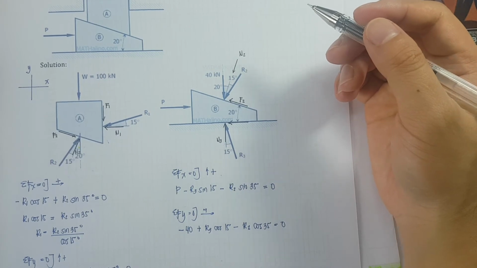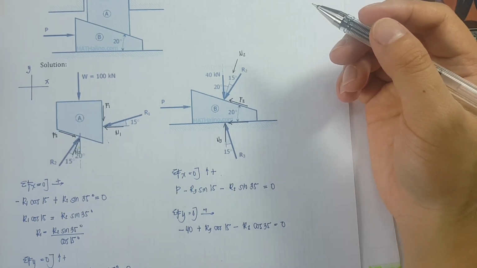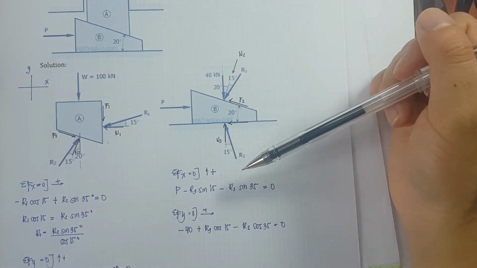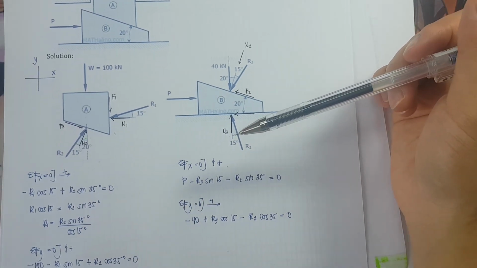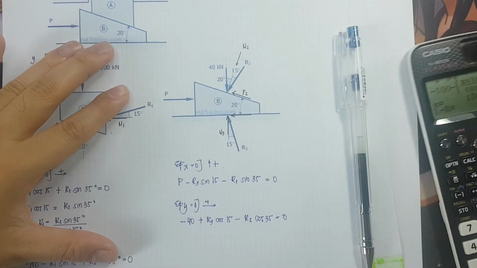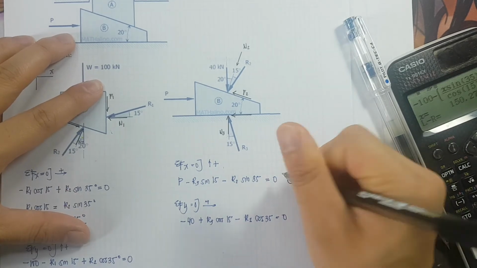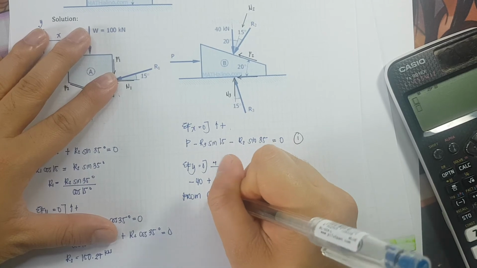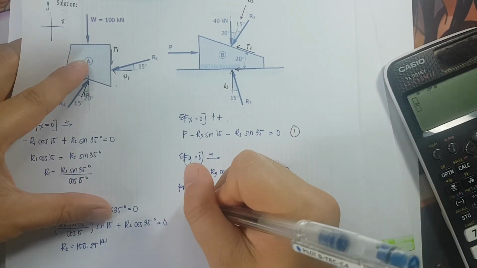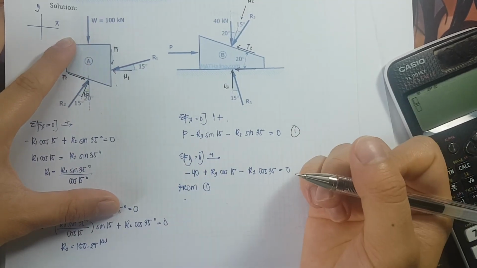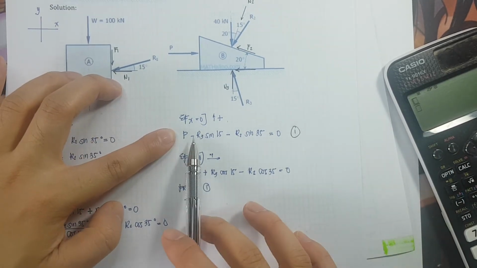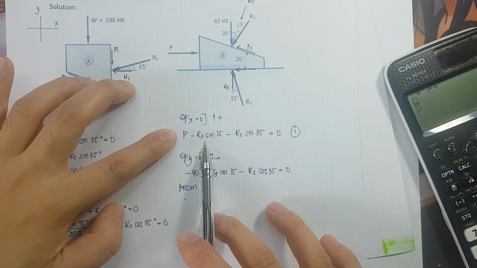And we are interested in solving for the value of P. We should have substituted the value of R2 first. Okay. So let's say this is my equation 1. So from 1 we have P. Transpose this to the other side of the equation.